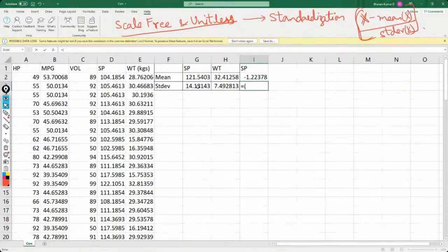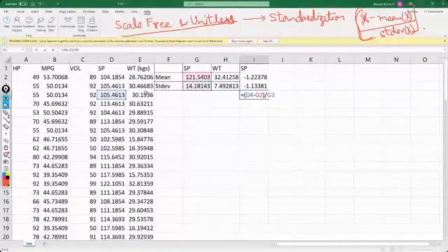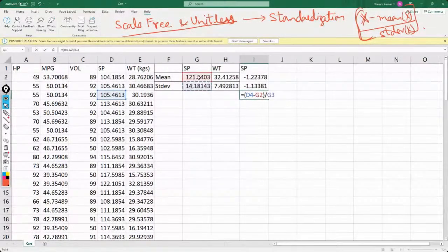Remember, only X changes now. X minus mean of top speed divided by standard deviation of that. Again, I repeat the formula: it is X minus mean divided by standard deviation. In all these cases, the X value is changing, but mean and standard deviation remain the same.